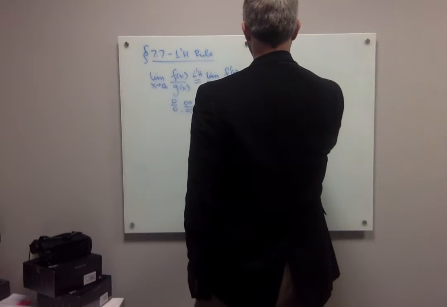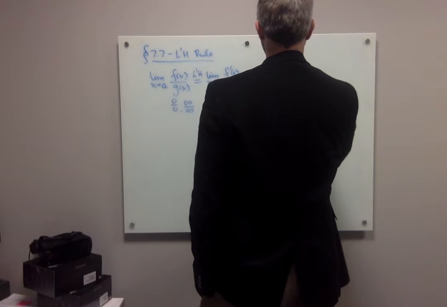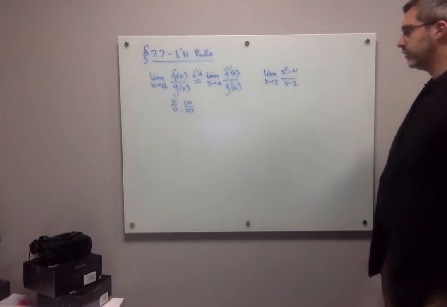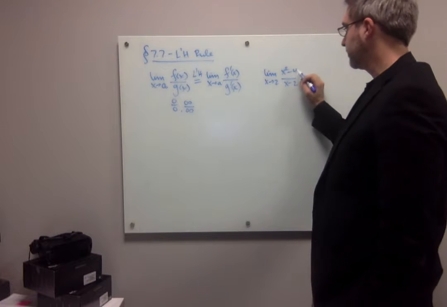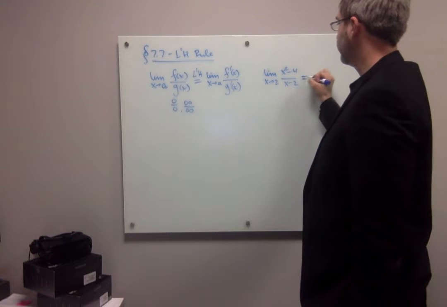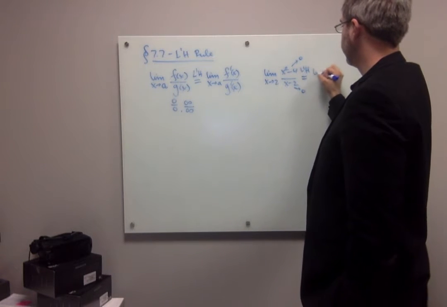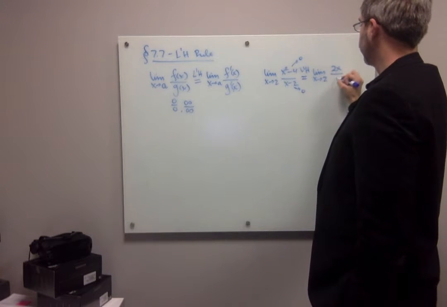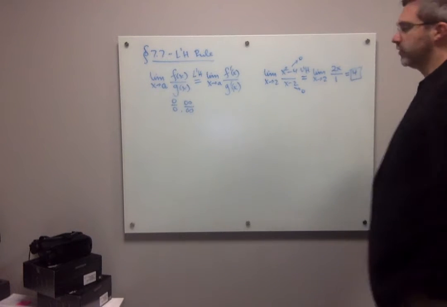So we looked at some examples last time. Let's do another really simple example. Limit as x goes to 2 of x squared minus 4 over x minus 2. Before, what we would do is factor the top, cancel the factor of x minus 2, etc. Now, if the top is going to 0 and the bottom is going to 0, then according to L'Hopital's rule, we just look at the derivative of the top over the derivative of the bottom and take that limit, and that limit is just 4.